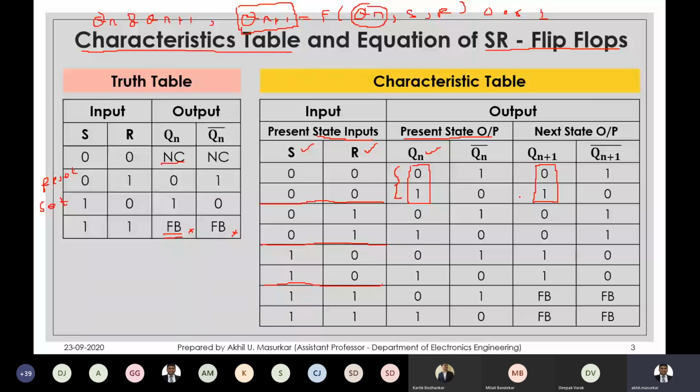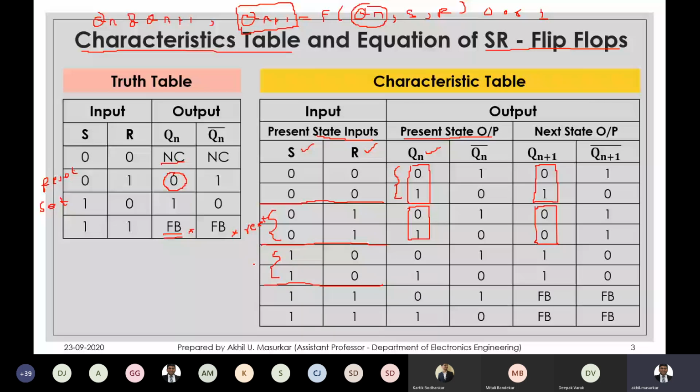If you look at the next condition of S and R, that is 0 1, here we have a reset. That means whatever may be the value of the current state output, that is the present state output, my next state output will always be 0. 1 0 is the set condition.